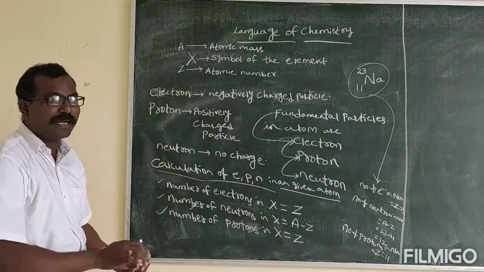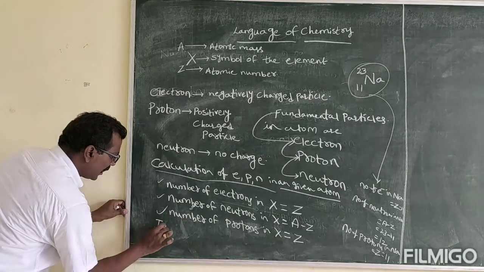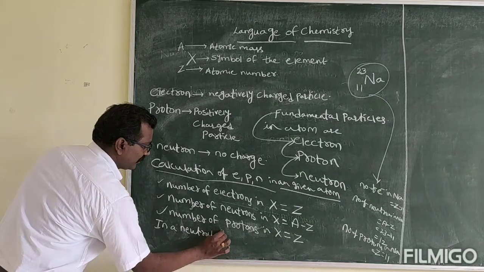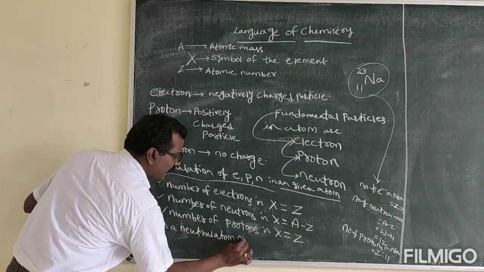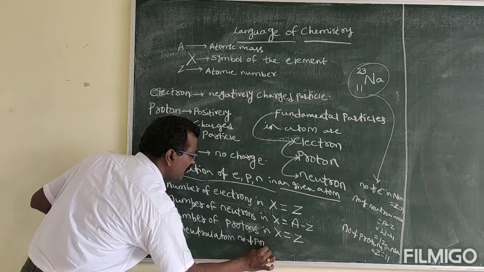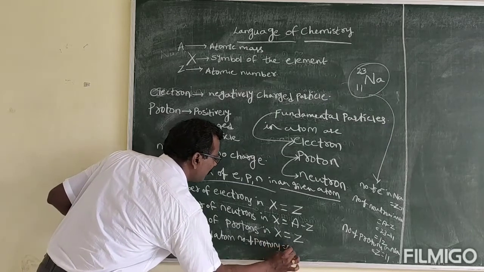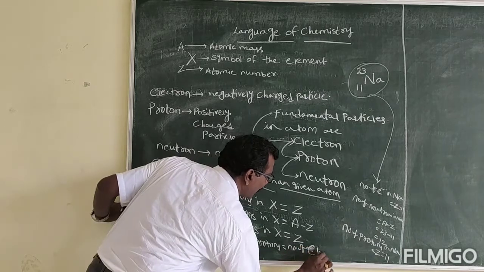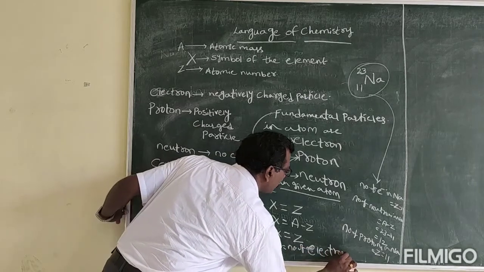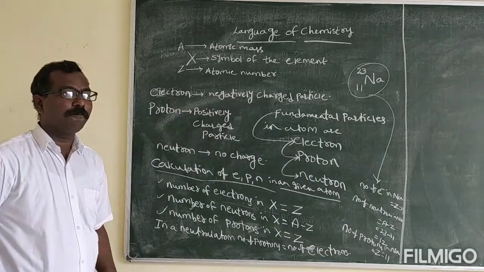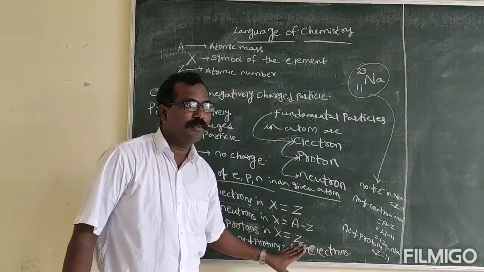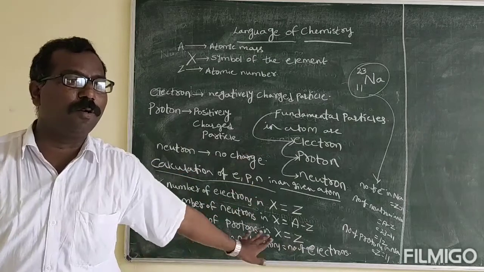In a neutral atom, number of protons is equal to number of electrons. Okay? Any doubts? Have you understood now how to calculate? Right. You can note down.